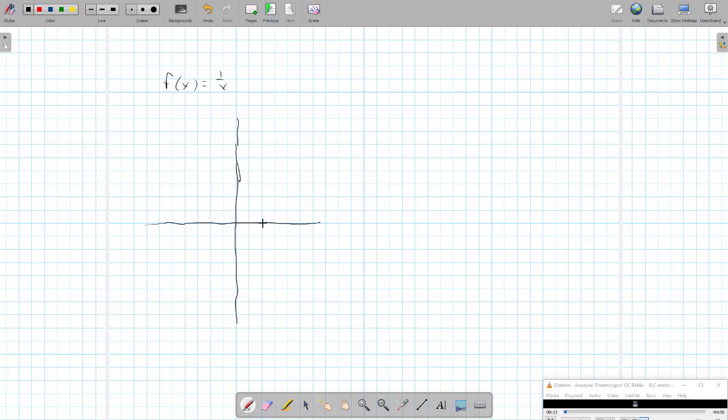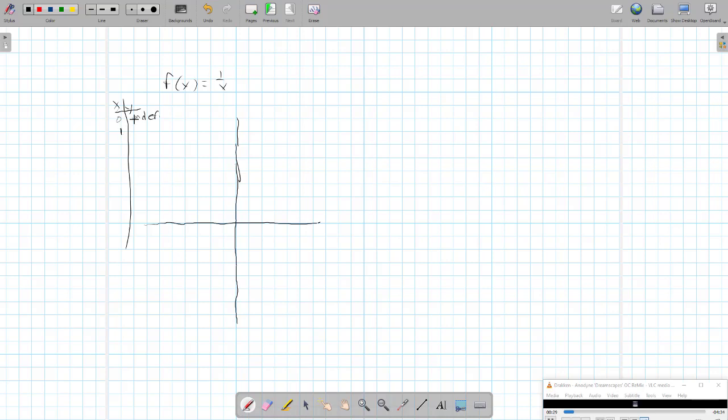So let's make ourselves a point table for this. It's easier than you might think. Can you plug in 0? Well, if you plug in 0, it is undefined. So no, there is no point at 0.